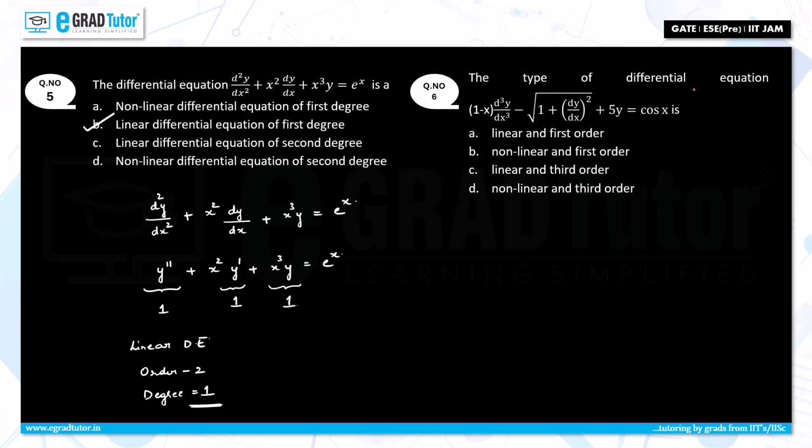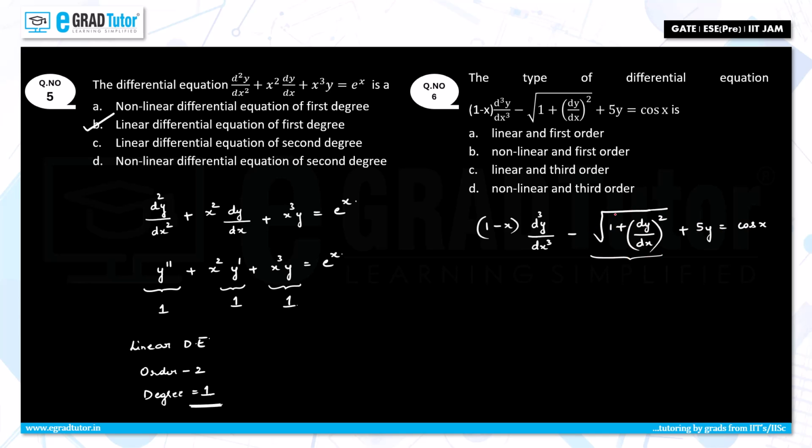The type of differential equation: 1 minus x times d cube y by dx cube minus under root 1 plus dy by dx the whole square plus 5y is equal to cos x. Okay, so let's write this equation. Now take this term to the right hand side.